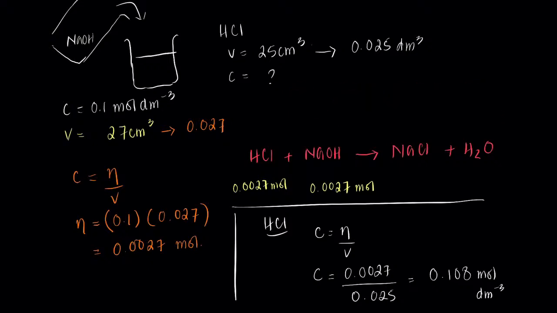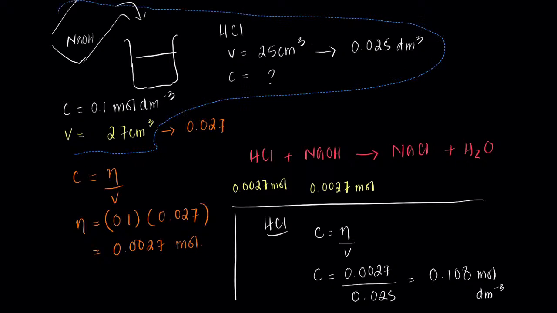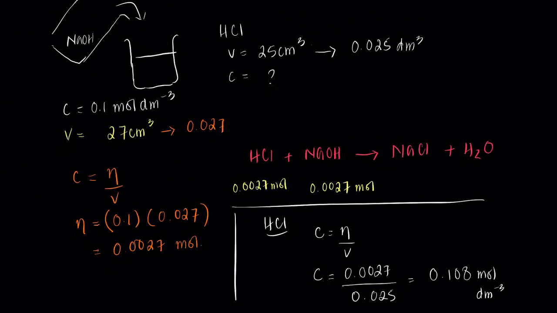Okay. The other thing is, yeah, indicators are very important. Indicator. Okay. Let's get, and this is not how you actually perform a titration. Let me show you how you actually perform it. If you guys understand this, I'll show you how you actually do it.